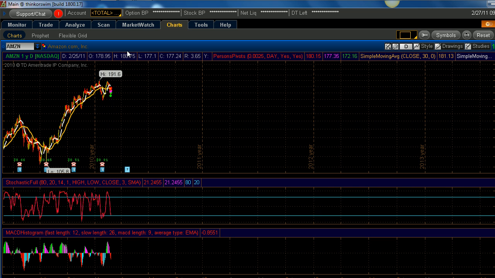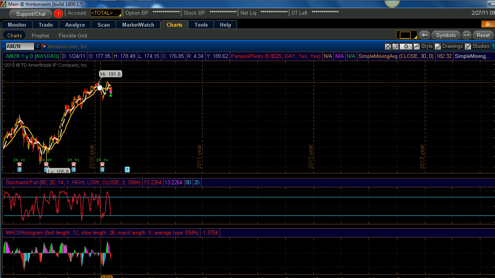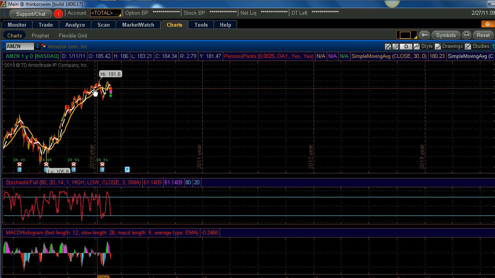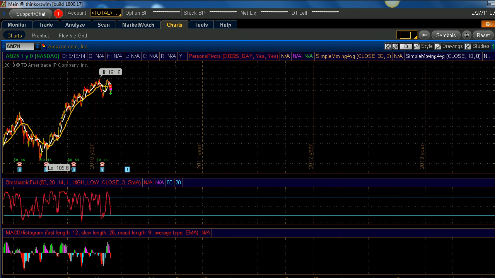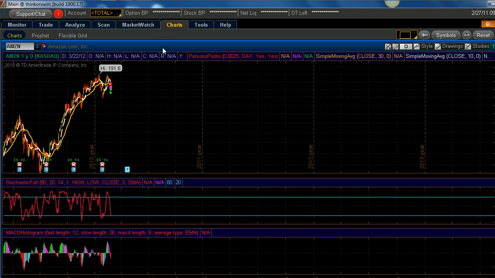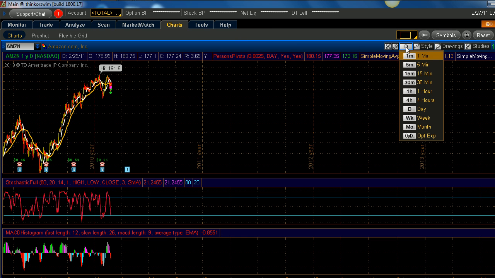Your stochastics are pointing down. It hit that. I might have had a double top on it. I have to go back and check. But when it was up Friday afternoon, around 170, I'll say 170 over 178, I had them go short on that.